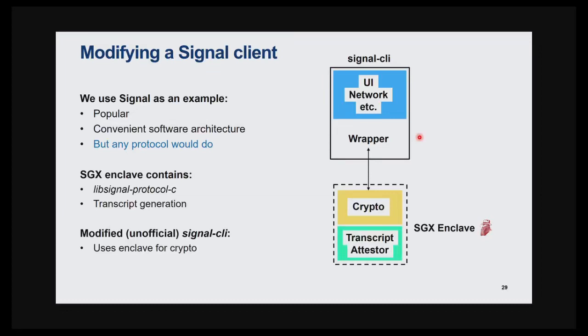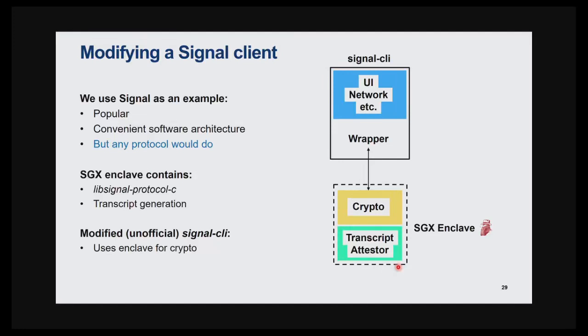We then used an SGX enclave, which is a type of TEE that's in Intel processors since Skylake, I think around 2015. And we take the Signal cryptographic library, implement it inside this TEE, and add some extra code that does generation of the transcript and does the attestation.